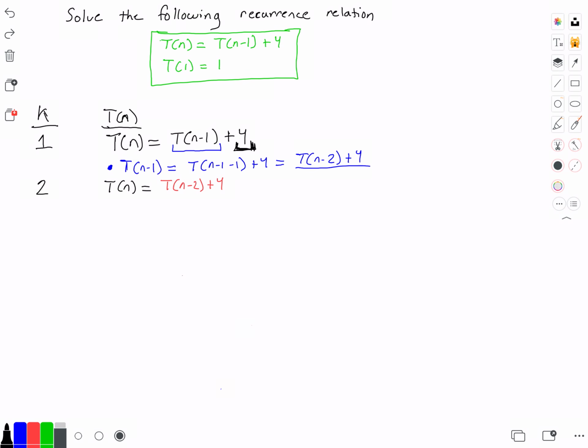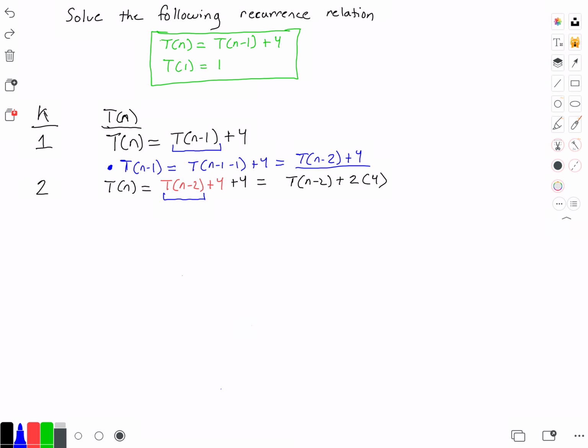So let's just add 4. And now what does this equal? Well, this is equal to T of n minus 2 plus 2 times 4. Alright, so to go to our next iteration, we need to know what is T of n minus 2.